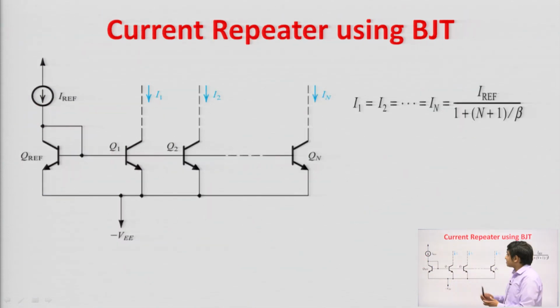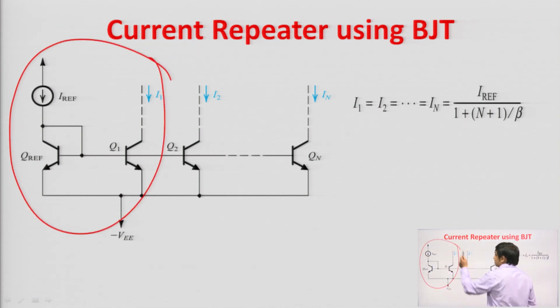Now, this current repeater is just the extension of the basic current mirror. So, this is your basic current mirror. Now, if we want the same current at different transistors, what we need to do?